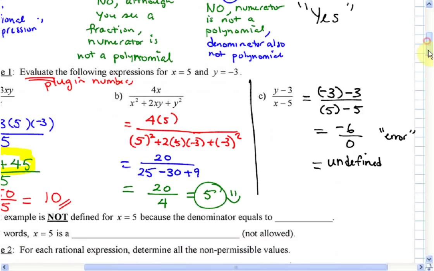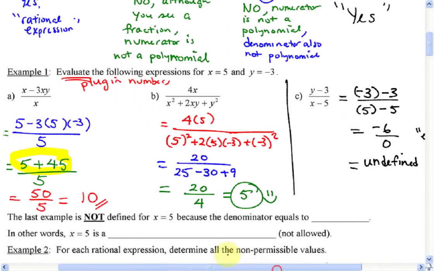So we've got problems for some numbers. Underneath, I said in the last example that it's not defined when x is equal to 5, because it's undefined. Why is it undefined? It's because the denominator equals 0. We can't have that when we do fractions. I don't know how to divide by 0.